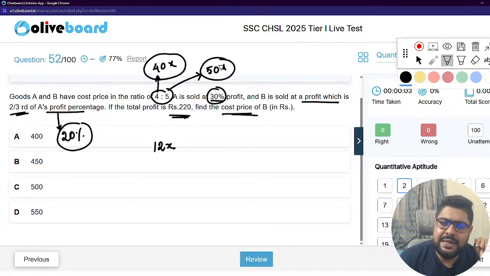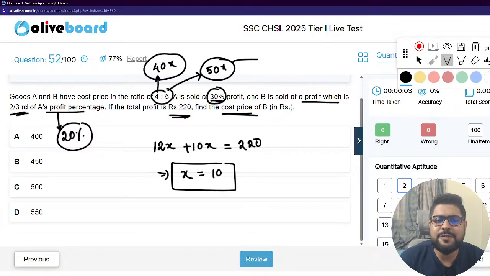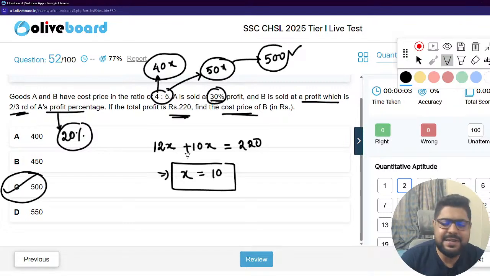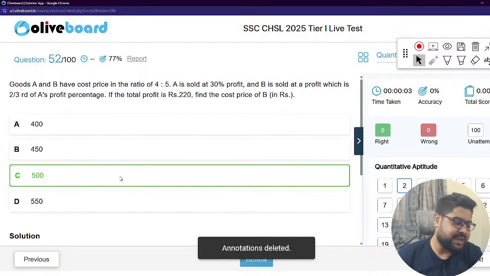For B, 50 at 20%, 5 times 2, that is 10x rupees profit. That is given as 220. So x is 10. Now the cost price of B will be 500 rupees. Option C, 500, is your correct answer.